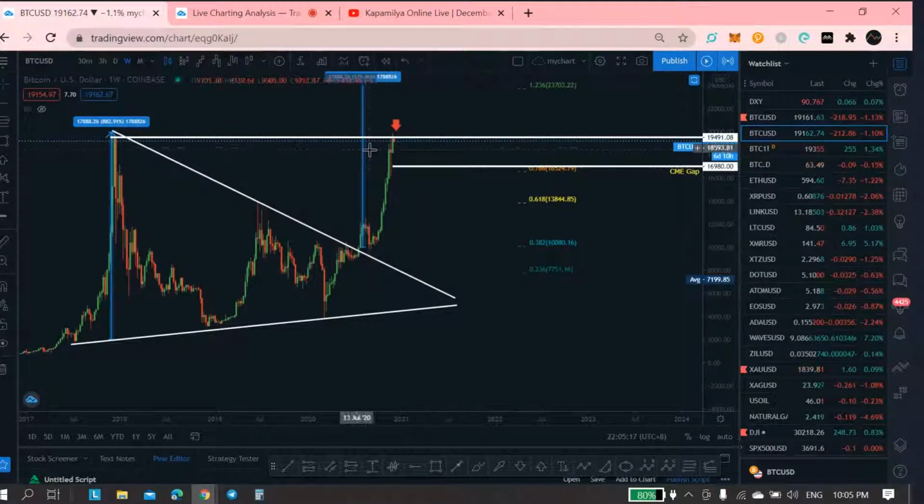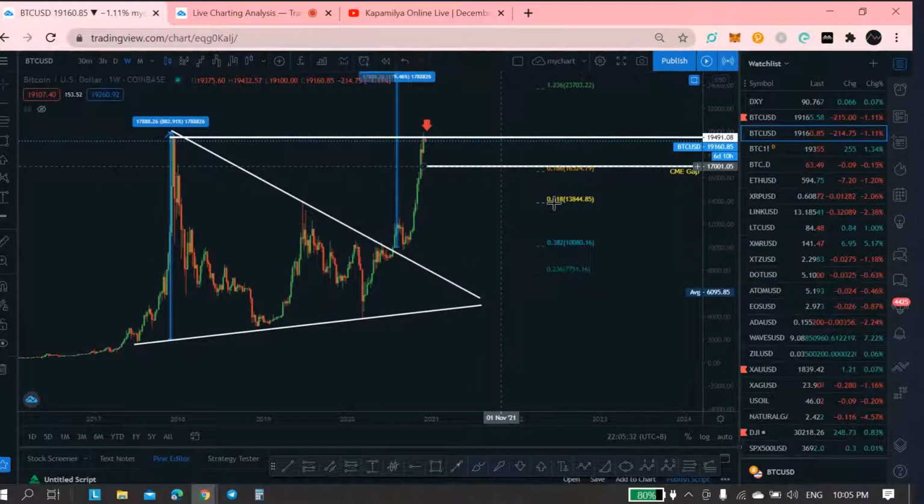So I think that's it for now. Of course, you can use the other fib levels if ever it breaks down at this CMC gap. But for now, I think we'll just use the CMC gap. Anyway, the levels are here, so you can just check it out. 0.618 is 13,800, and then 0.382 is 10,080 if ever.